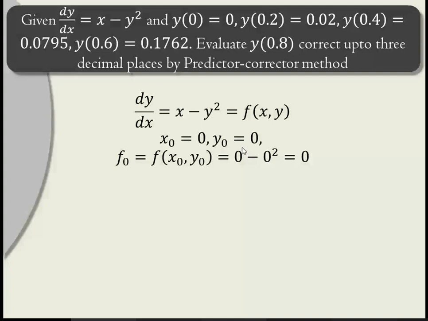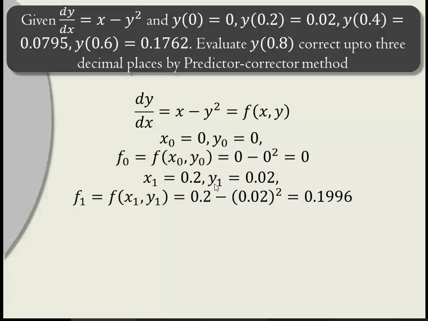The next term is y at 0.2 equal to 0.02. So x1 will be 0.2, y1 will be 0.02, and make use of that x1, y1 to find f1. So f1 will be f of x1, y1, that is 0.2 minus 0.02 square. It is equal to 0.1996. Take the next point, y at 0.4 is 0.0795.